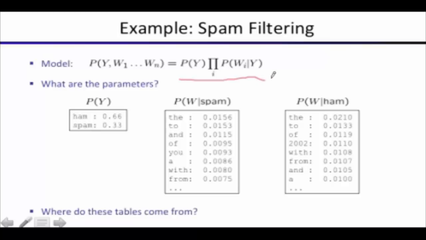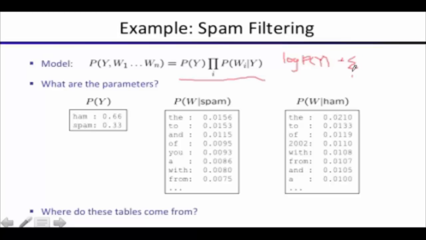Even though this is a product, you can just take a log of that. So if you take the log of this here, it's going to be log of probability of y, plus, because when you take the log of the product, it becomes a sum.